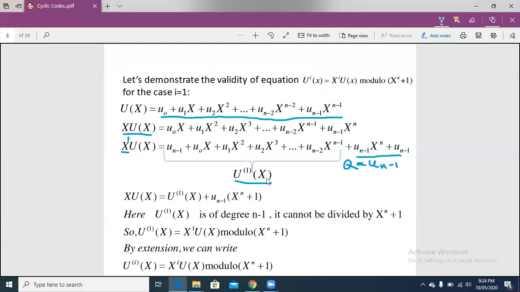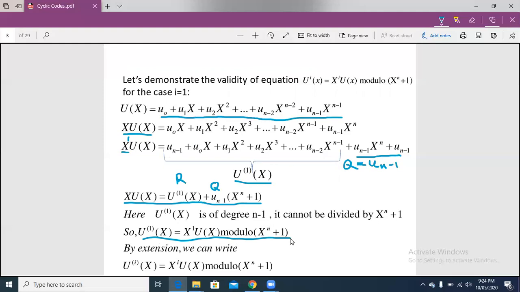We can write it in this form: x u of x is u1 of x plus un minus 1 times xn plus 1. u1 of x is of degree n minus 1, so it cannot be divided by xn plus 1. So it is the remainder. So we can say that u1 of x is x times u of x modulo xn plus 1.